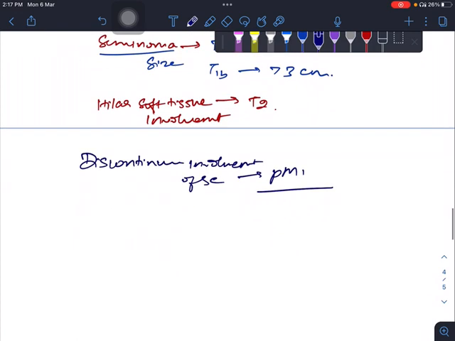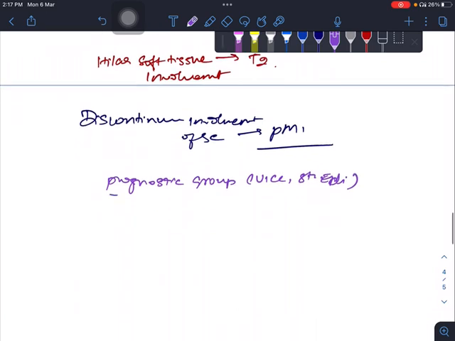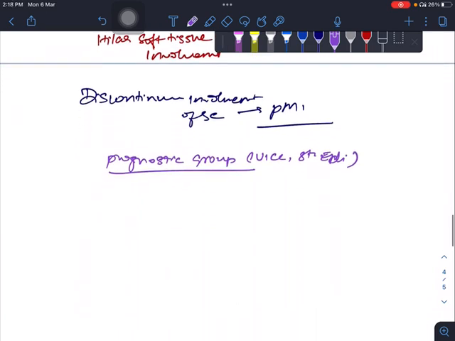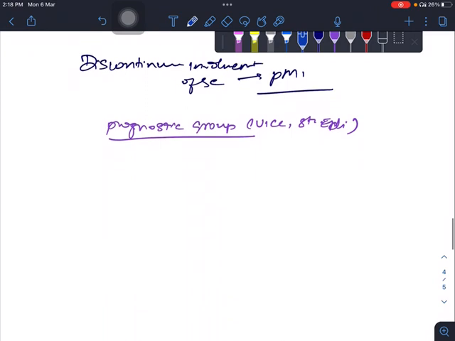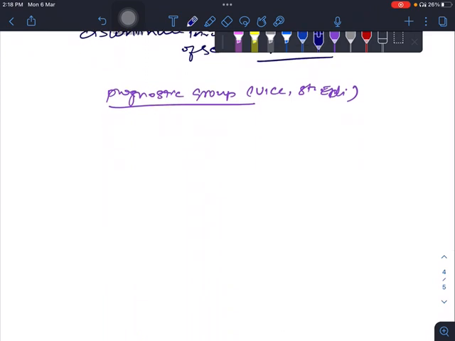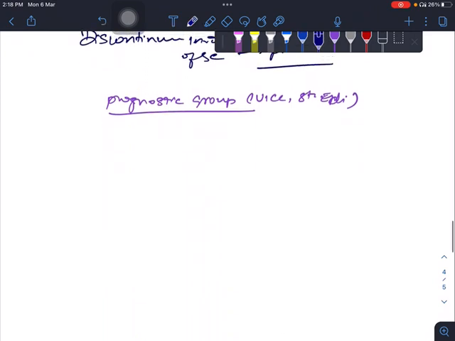Okay, then comes the UICC 8th edition prognostic group classification of testicular tumor. Here we can stage the testicular tumor into 3 stages.